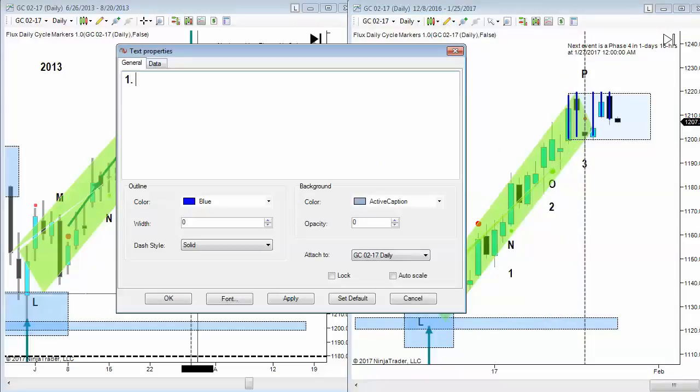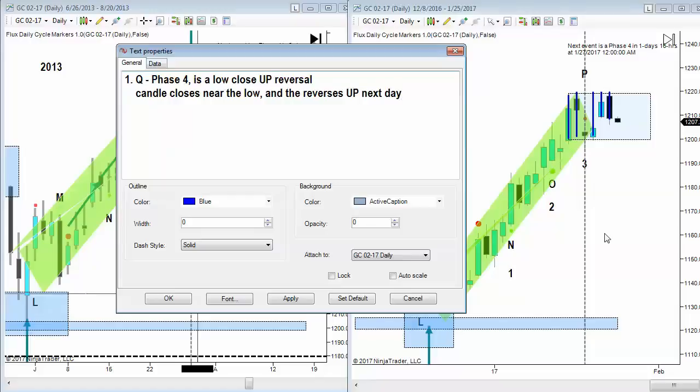Assumption number 1, or observation number 1: Q, or the phase 4, is a low close up reversal. That means that in the past, the candle closes near the low and then reverses up the next day.